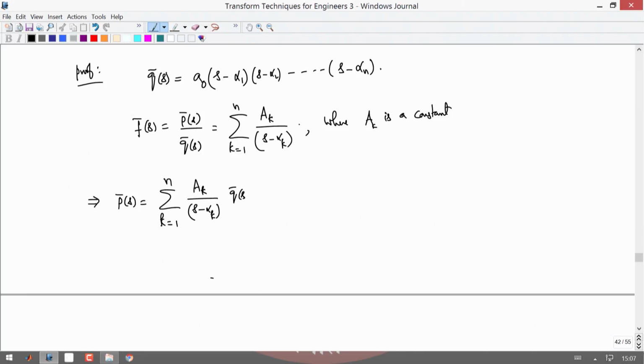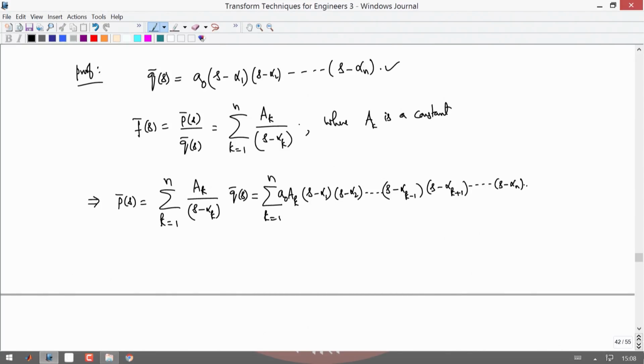So I can write this as the sum over k from 1 to n of a k times q bar of s with the factor s minus alpha k cancelled. Of course, you have a naught here, a constant in q bar, times s minus alpha 1, s minus alpha 2, up to s minus alpha k minus 1, and then the next term s minus alpha k plus 1, up to s minus alpha n.